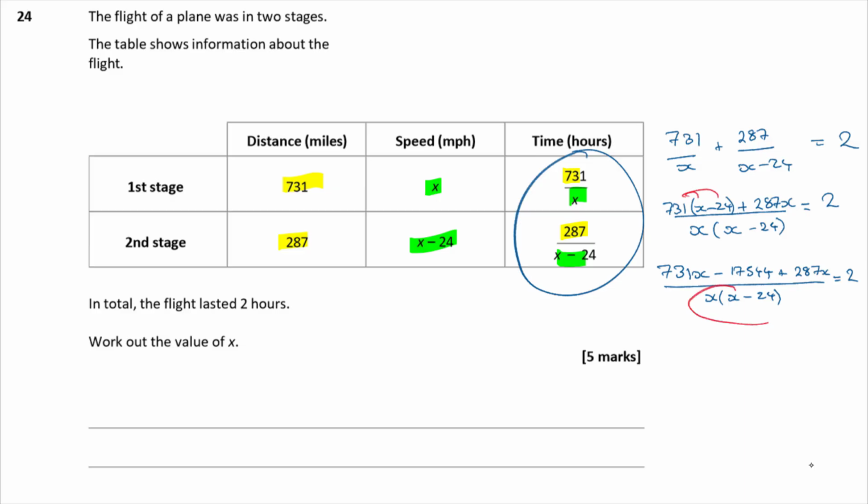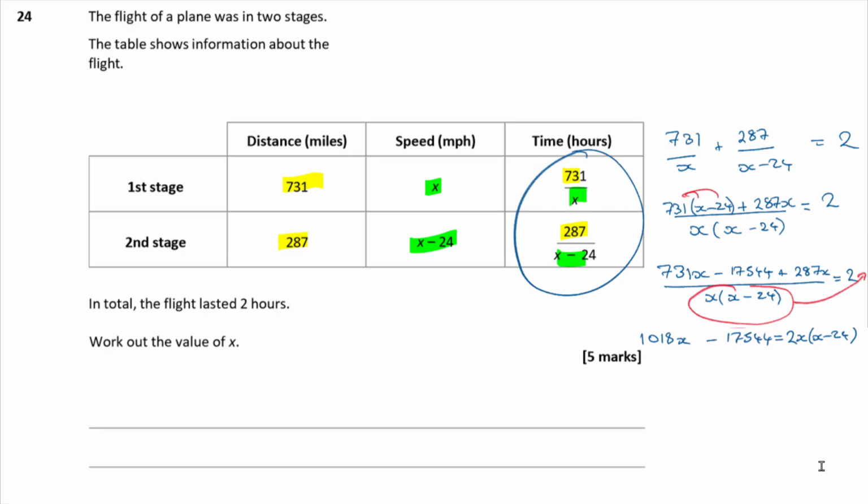Now the next thing I'm going to do is cross multiply, just multiplying through both sides by x minus 24. So that's 1018x minus 17,544, and that is going to be equal to 2 lots of x minus 24, okay?